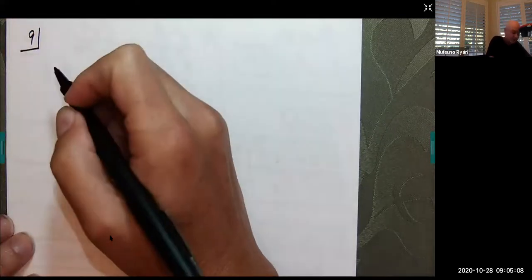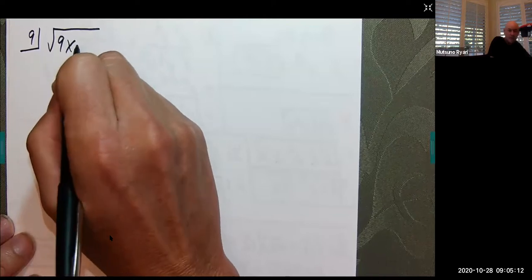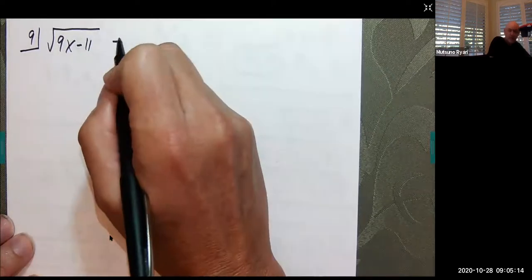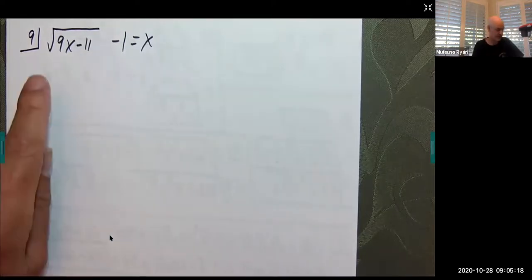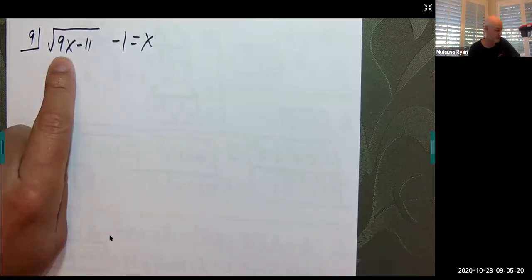So I'm going to try to save us some paper and use the back of the sheet. And we are to number 9. Now you'll notice that I don't have the radical by itself. Here's our equation.